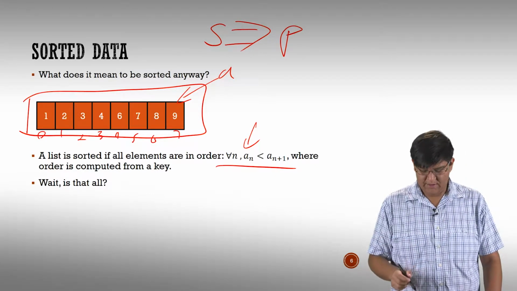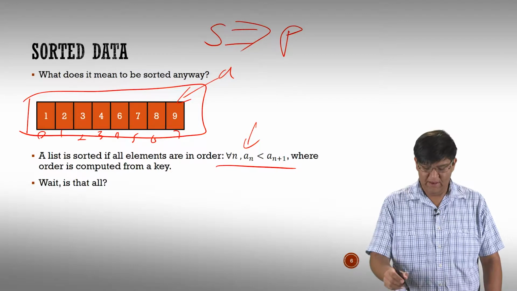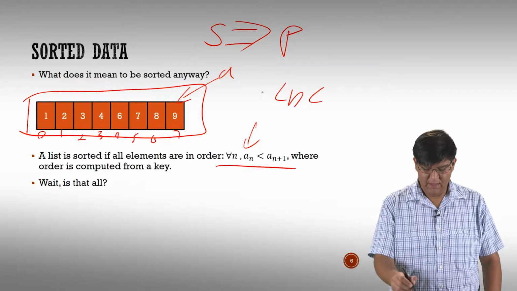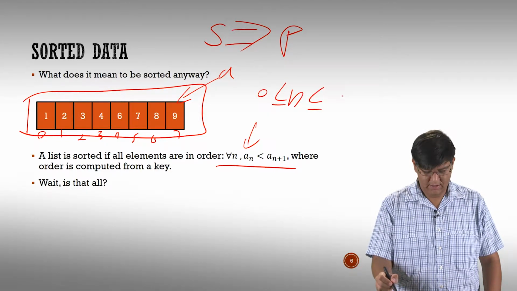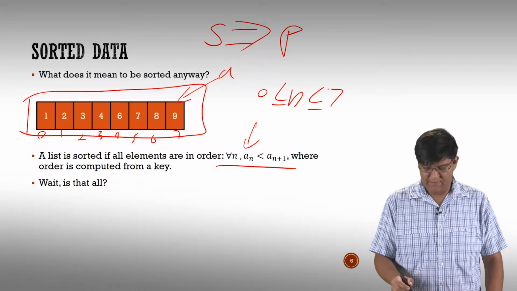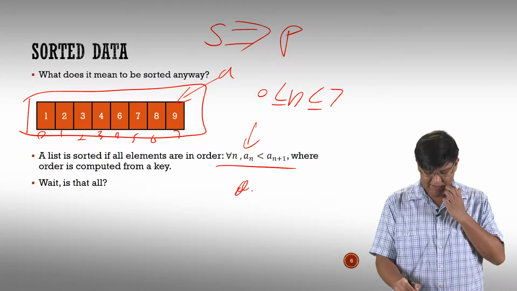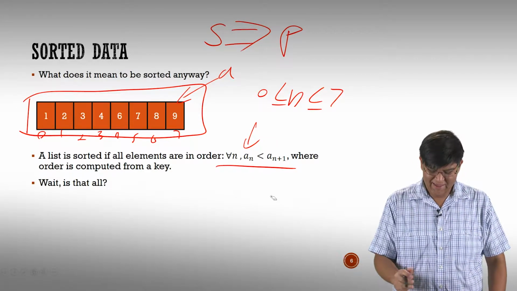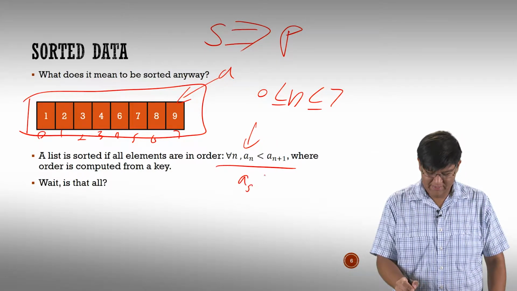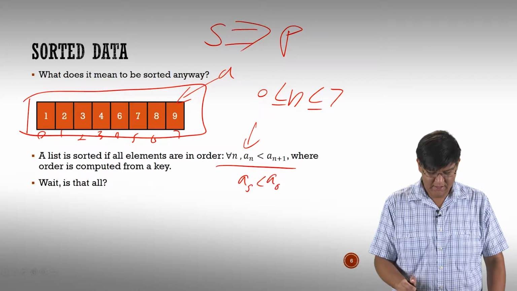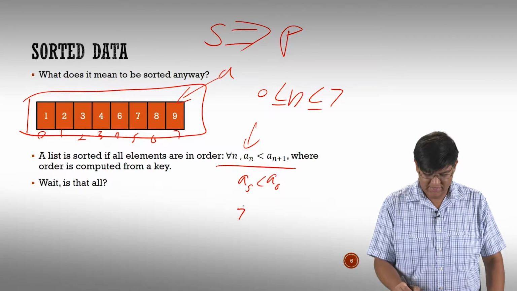So let's pick an n. So a valid n here has to be between 0 and 7. So I can pick n equals 5, and what I get is a sub 5 less than a sub 6, which ends up being 7 less than 8.